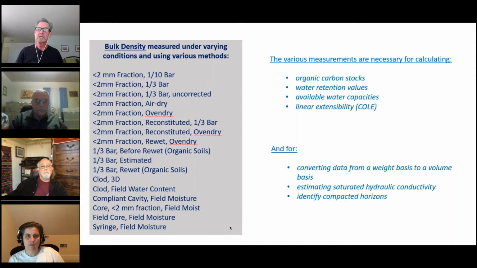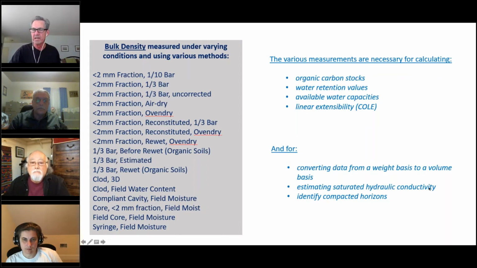And of course, when people are querying the data, they're doing this because they use these various measurements for calculating things like carbon stocks and linear extensibility, water retention, converting data from weight basis to volume, estimating where compacted layers are, etc. So we have reasons for wanting to query these data. And the point I'm trying to make is the basic thing is still bulk density, but there's all these different measures, and how is that going to be arrayed in the database, and how do you find it? Next slide.